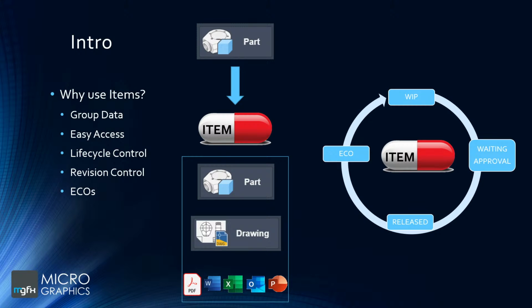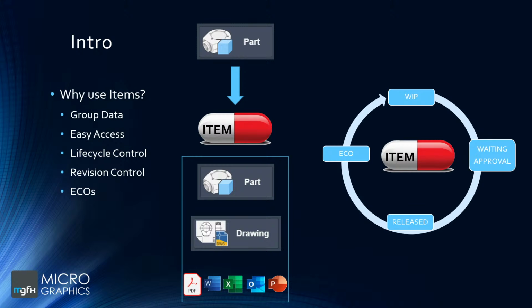And the item can be moved through those life cycles, work in progress to waiting approval. If it's in waiting approval, let's say the design office cannot modify the item, but they have not yet released that for manufacturing. Once it goes through to the released process, the item can be released for manufacturing. The fabrication or the factory floor would be able to view that item and its related files.